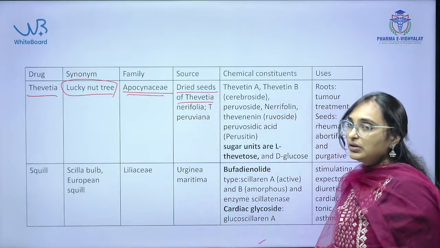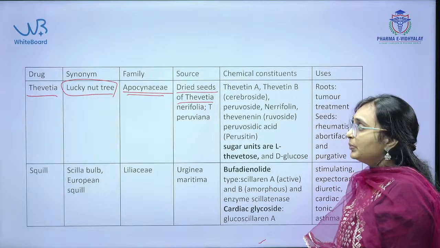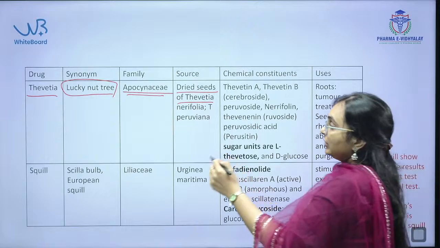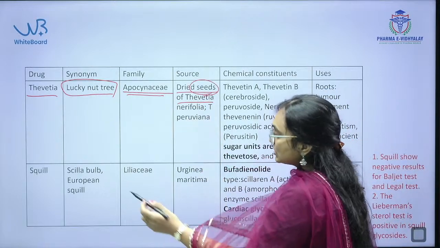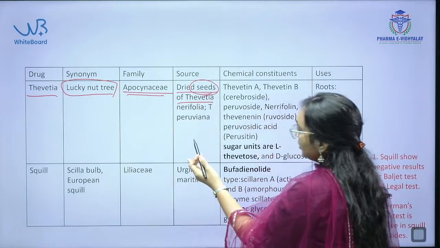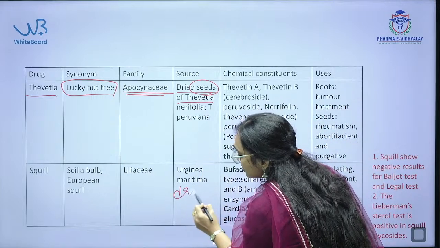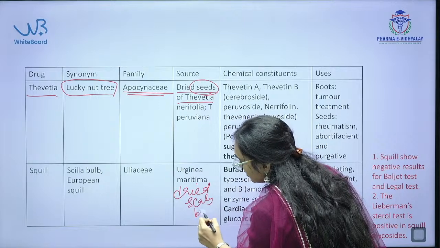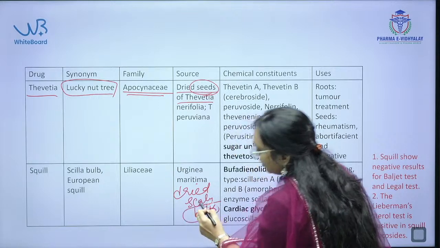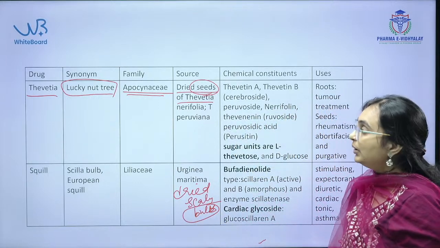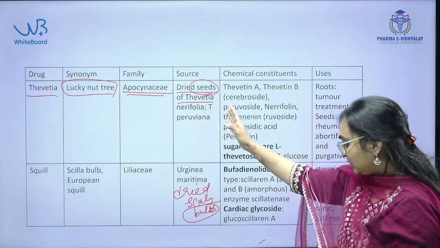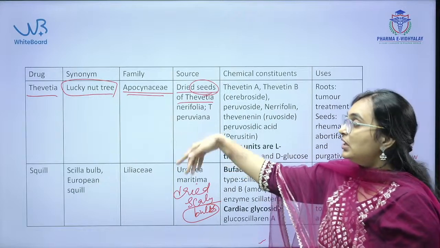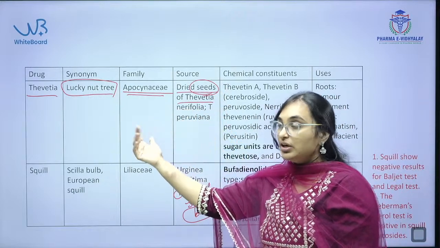Please observe the source: Digitalis is dried leaves, Thevetia is dried seeds, squill is dried scaly bulbs. So Thevetia, dried seeds, also called lucky nut tree, belongs to the family Apocynaceae. Digitalis belongs to the family Scrophulariaceae.